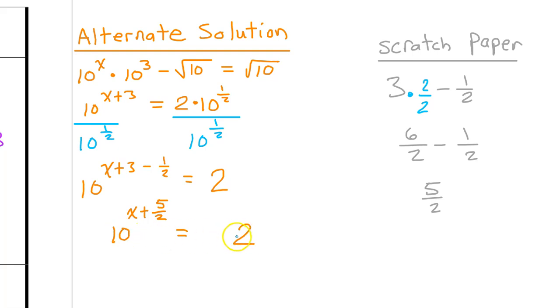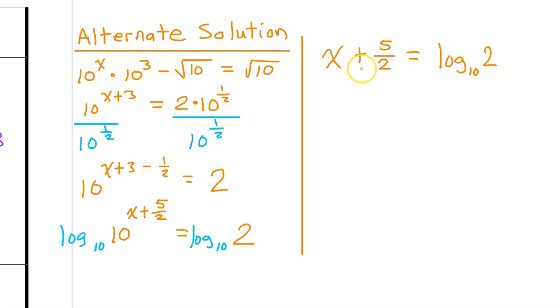Both work just fine. Either way, we can get rid of the base 10 by doing the log base 10 of both sides of this equation. On the left side, the log base 10 and the base 10 will cancel each other out. We are left with x plus 5 halves equals log base 10 of 2.